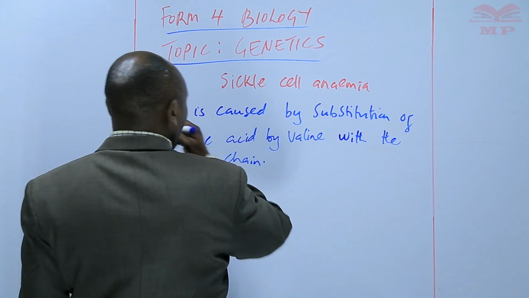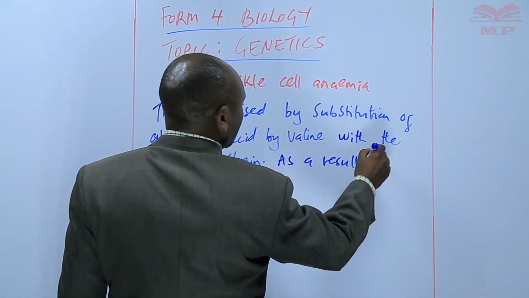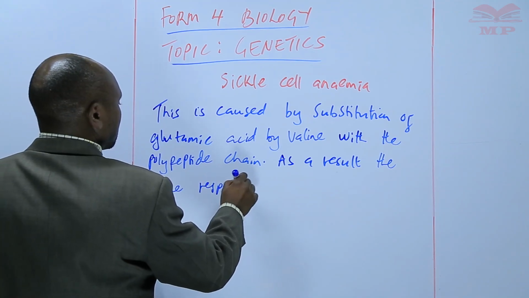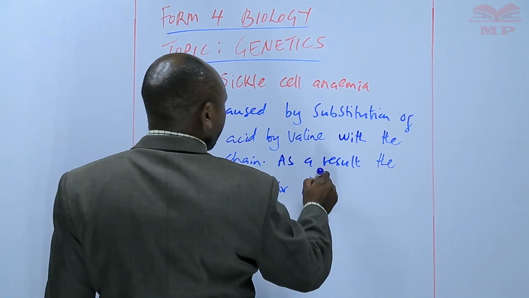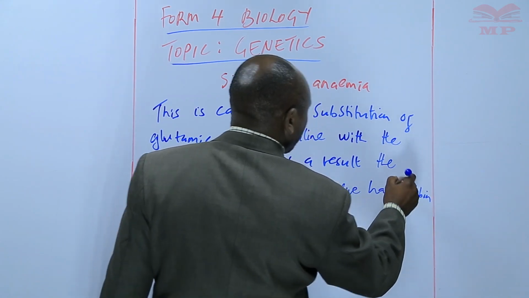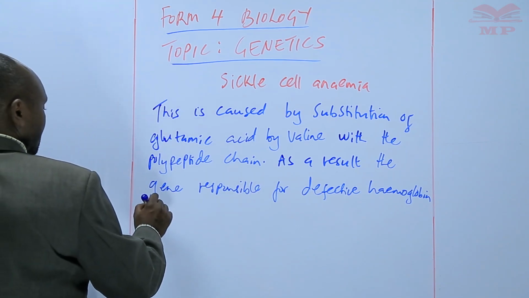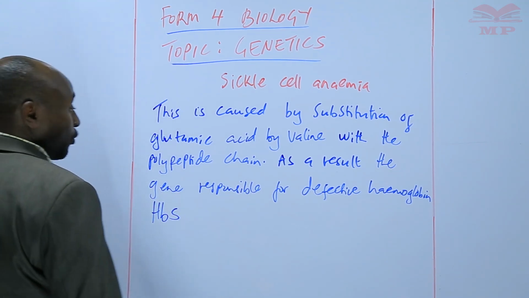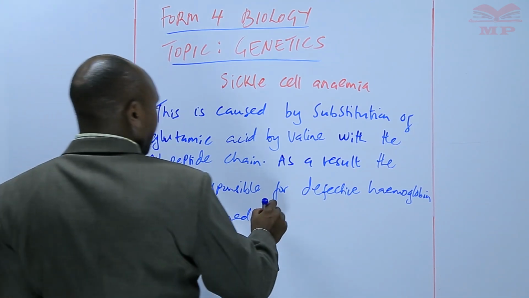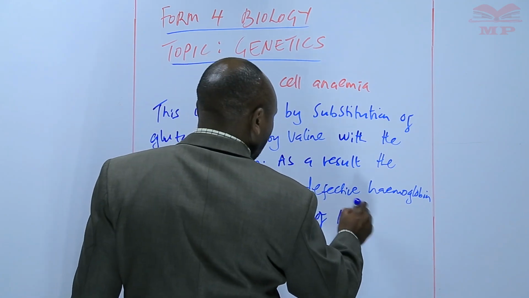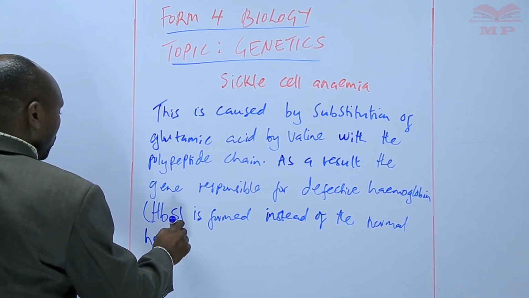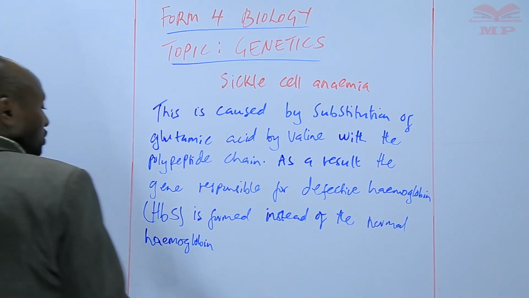So as a result, the gene responsible for defective hemoglobin, also written as HbS, that is hemoglobin type S, that is sickle cell, is formed instead of the normal hemoglobin, which is HbA.